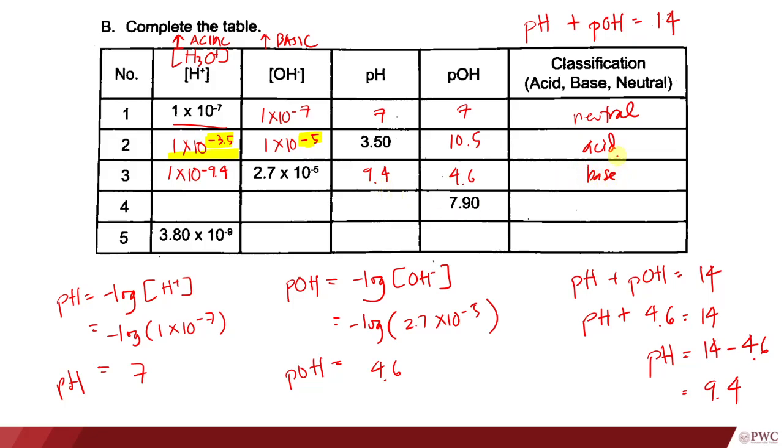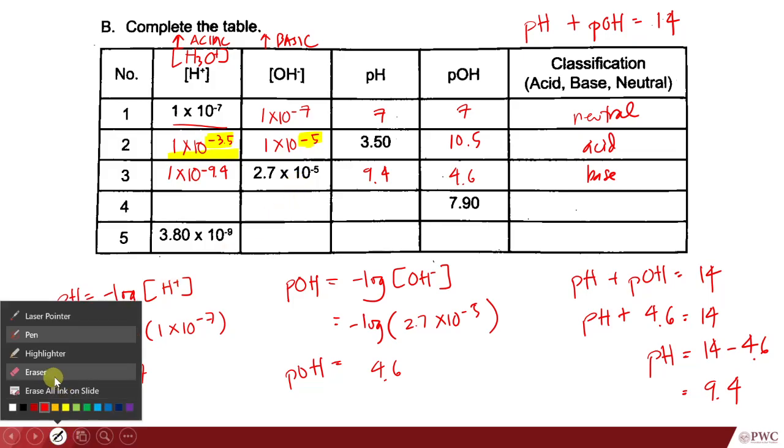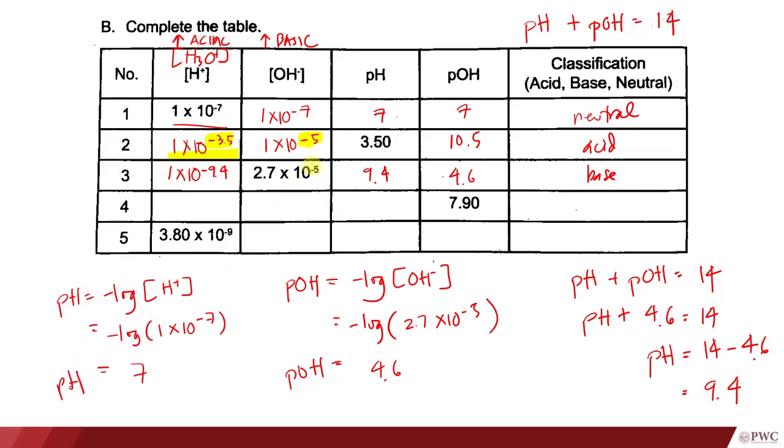And also if you look at the concentration of the H plus compared to the OH minus, we can see here that this one is greater compared to this one because again it has a lesser negative exponent. So the OH minus concentration is larger than the hydronium concentration, and in this case this one must be a basic solution or a basic substance.